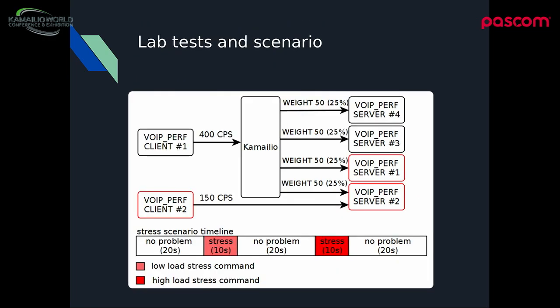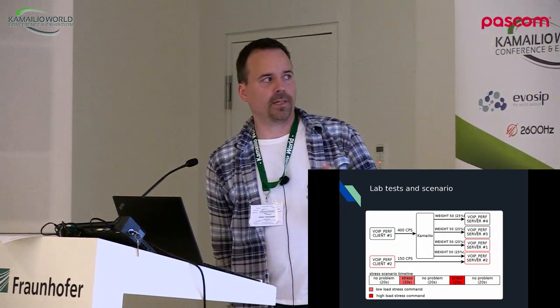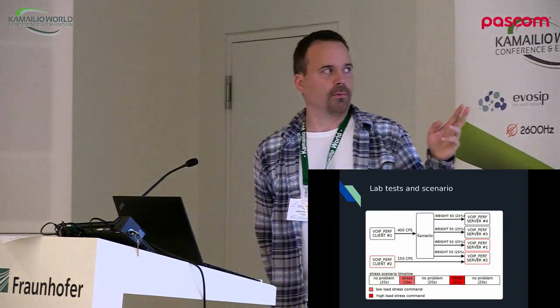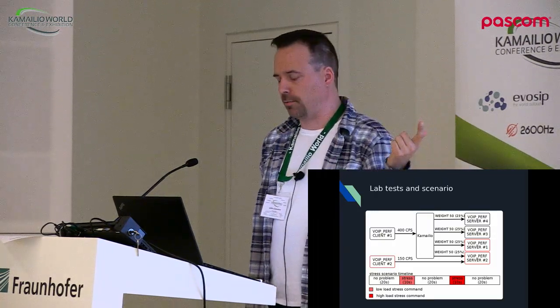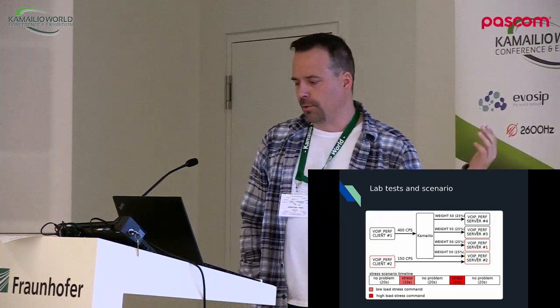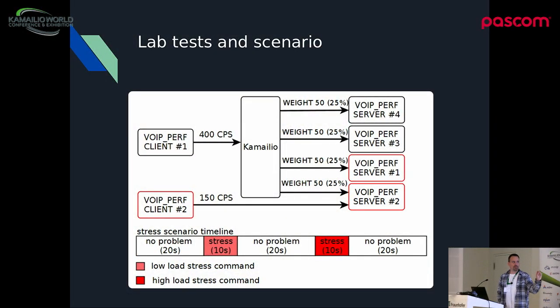So this is the lab I set up to test all of this. There were 4 gateways and 2 clients. 400 CPS passing through the Kamailio load balancer, and another source of traffic to overload a little bit more one of the VoIP perf servers.